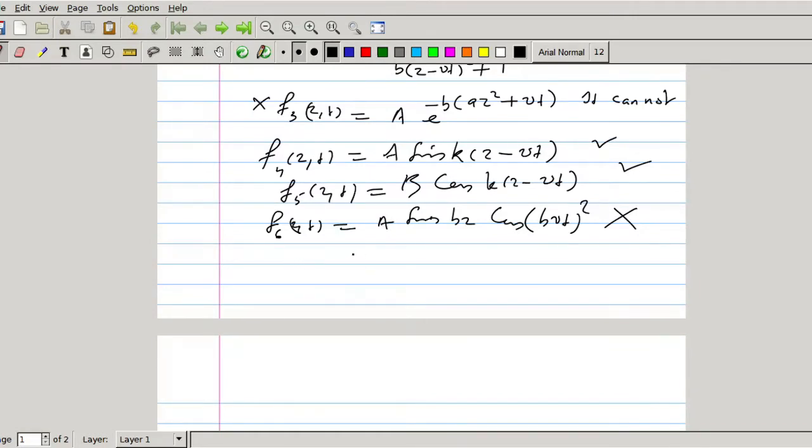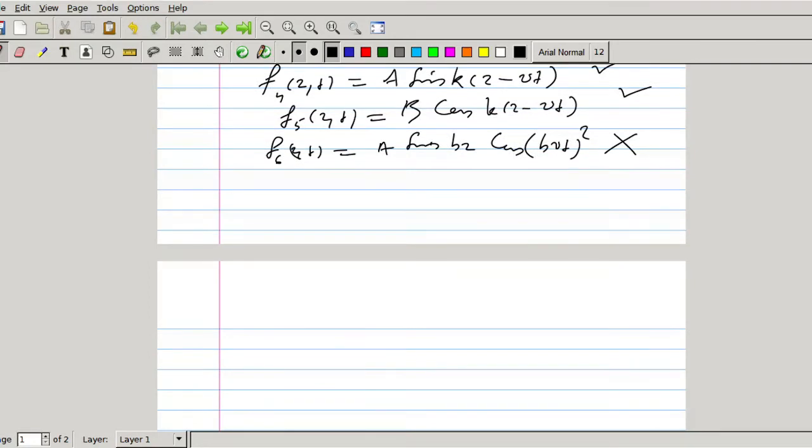If it is a sin k(z minus vt) or a cos k(z minus vt), then it is a wave equation. So it should be a function of z minus vt, and it should not be a function of z square minus vt or z minus vt square, like that.